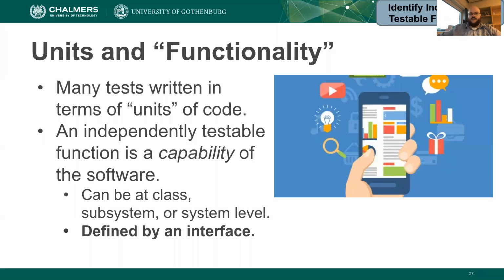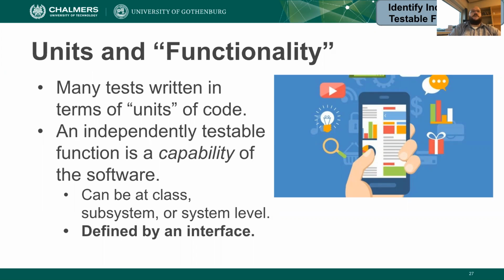That may be the combined interactions between several subsystems that work to bring you these independently testable functions. As I said, these are usually verbs. What does the software do? What can you accomplish using it? What actions can you perform interacting with the software? These may not correspond to individual units, but like I said, large chunks of code, right?